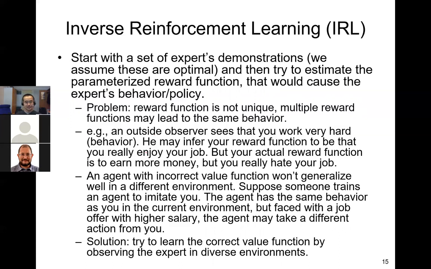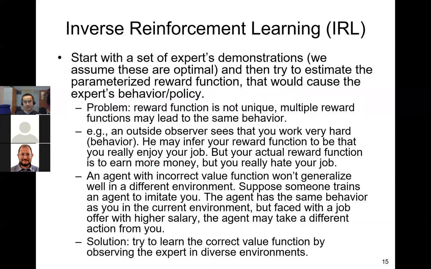It does matter because an agent with an incorrect value function won't generalize well to a different environment. Suppose someone trains an agent to imitate you, the expert. The agent has the same behavior as you in the current environment, but faced with a job offer with higher salary, the agent may take a different action from you with the wrong value function.